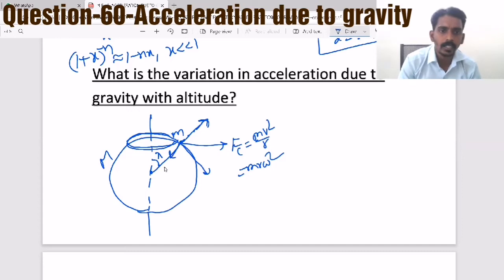Already here the gravitational force mg is acting. Now due to rotation, the effective weight will become this minus this component. So the component of this along this one, when we consider.